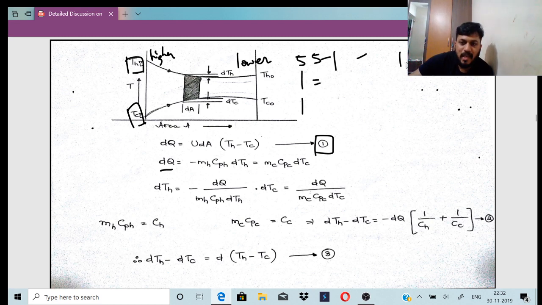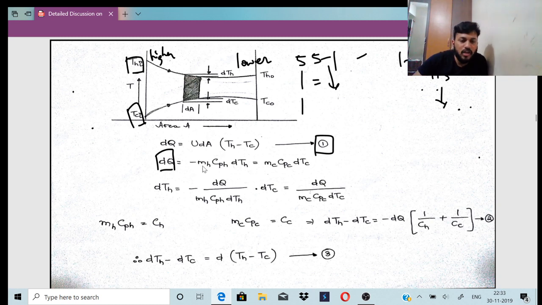And here it went from 1 to 5, so what will this be? 1 plus 5, right? So this is 5 minus 1 and this is 1 plus 5. So it is at a higher region, it moves down, so it is subtracting itself. So it is going in a negative direction. Higher to lower, it is going in the negative direction, whereas the cold fluid is moving from lower to higher, positive direction.